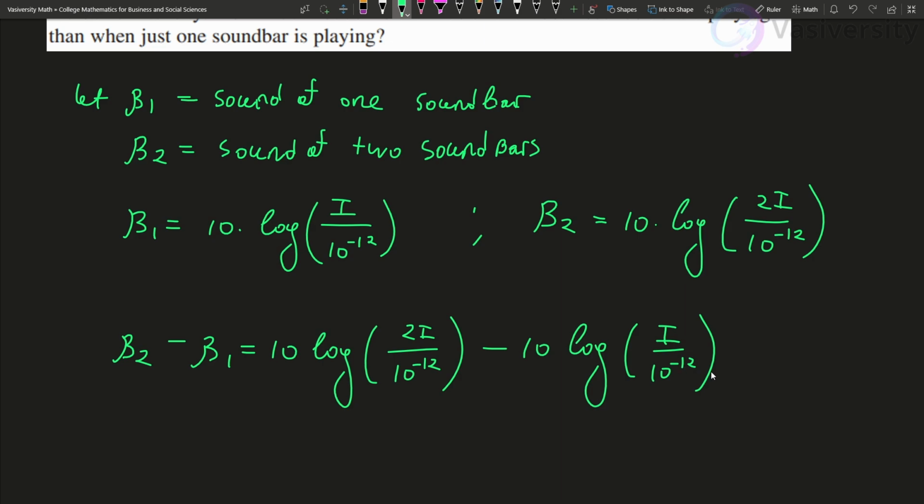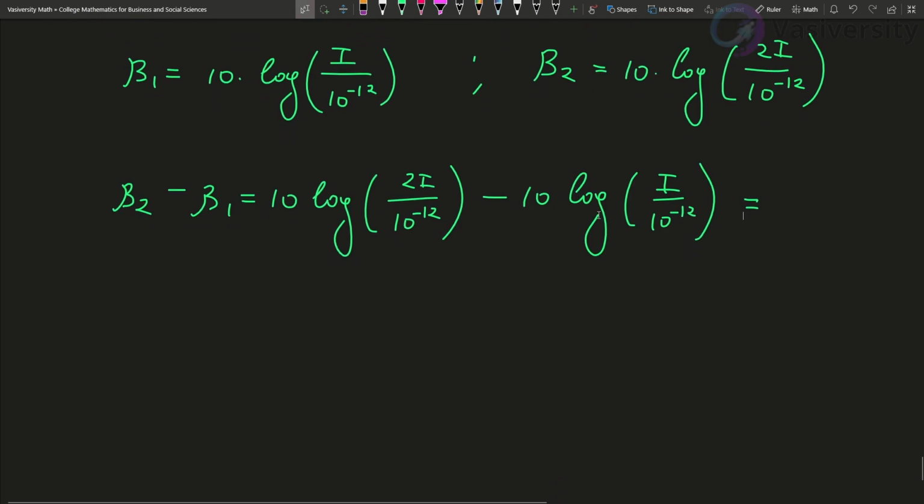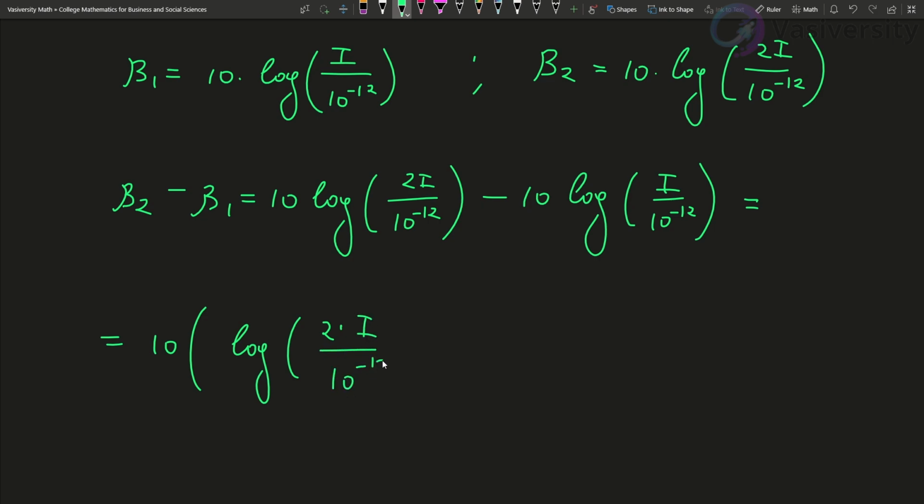So that's beta 1. So that is equal to 10 times the logarithm base 10 of 2 times I over 10 to the negative 12, minus log base 10 of I over 10 to the negative 12.